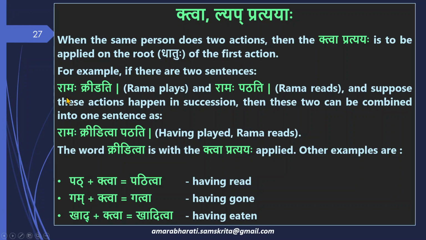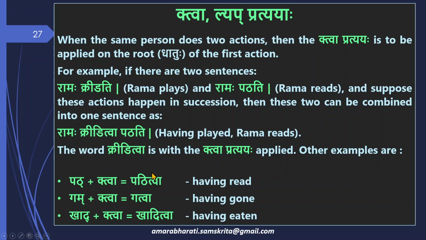If there are two sentences, Ramaha Kridati means Rama plays, and Ramaha Pathati, Rama reads. And suppose these actions happen in succession, means one after the other. First Rama plays and then Rama reads. Then these two can be combined into a single sentence as Ramaha Kriditva Pathati. Having played, Rama reads. The word Kriditva is with the tva pratyaya applied.